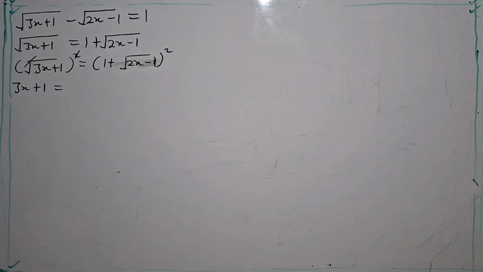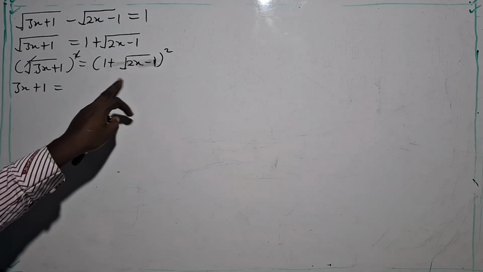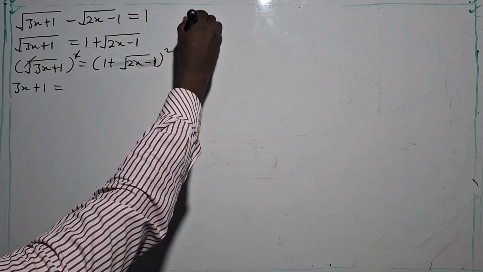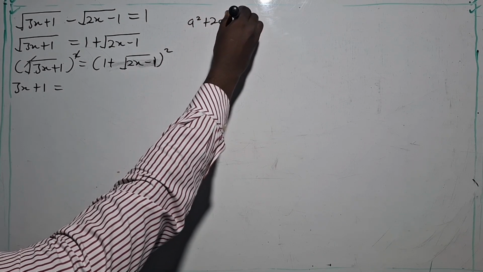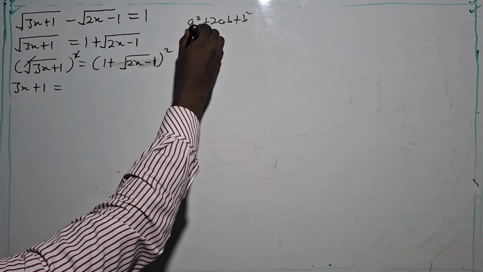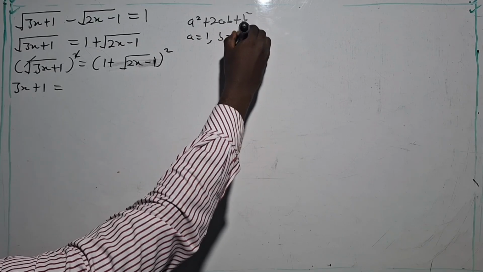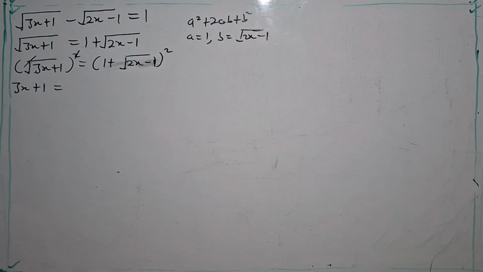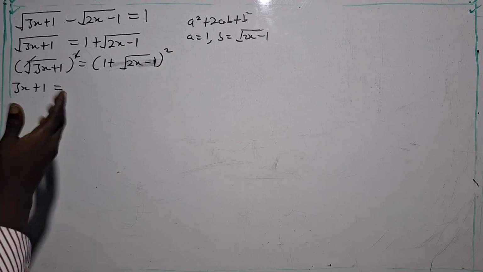Now we are once again with a positive, so we know we are going to obtain something like a squared plus 2ab plus b squared. We have proven that. With this side, a is 1, then b is the square root of 2x − 1. Keep watching as we solve.